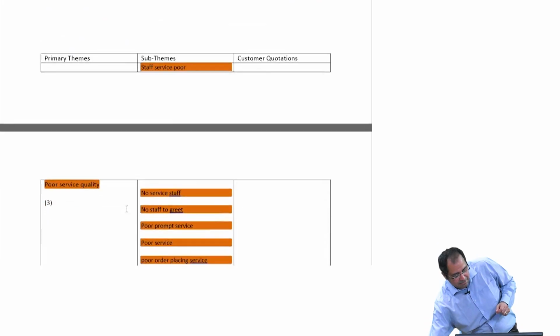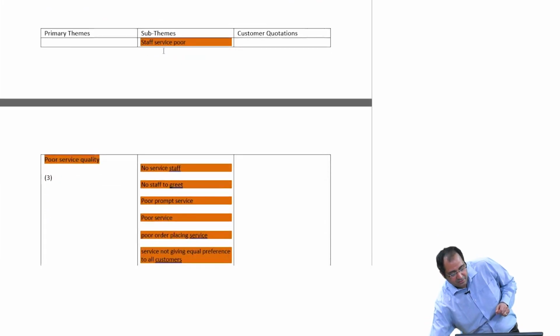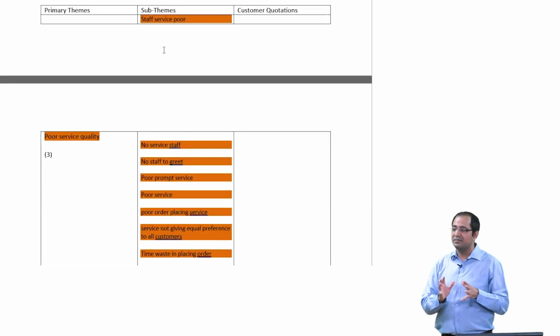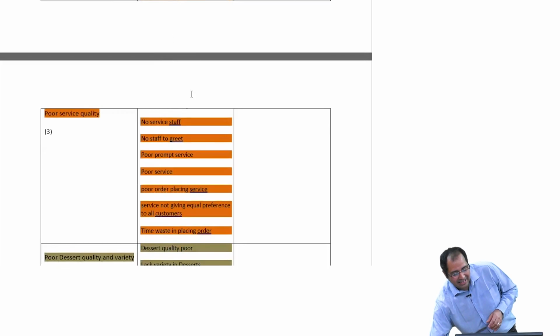Then in the next step, for all the codes that were put in the same color, you gather them under the sub themes. In this case orange. In the orange, all these sub themes for poor staff service are written.